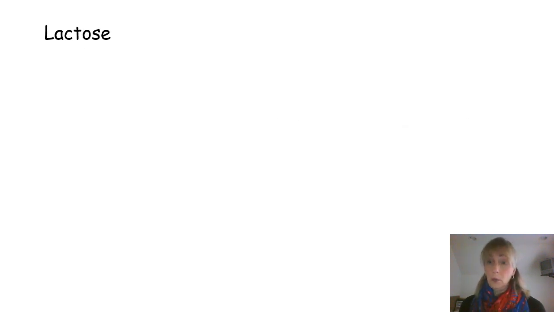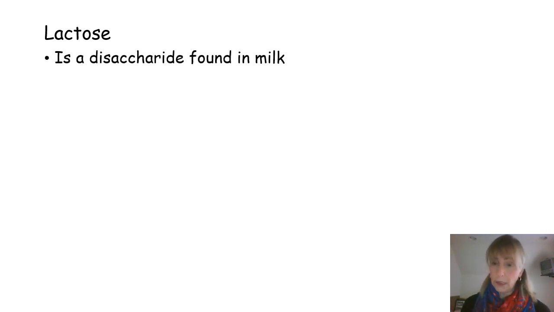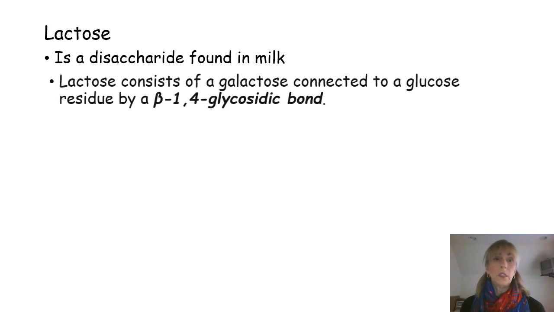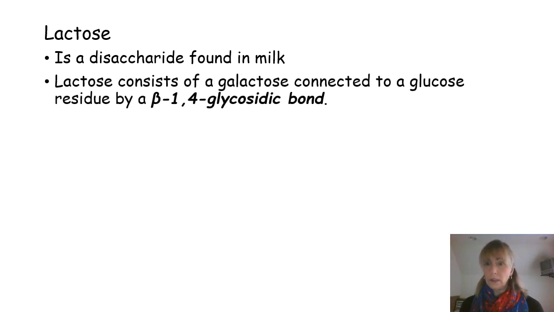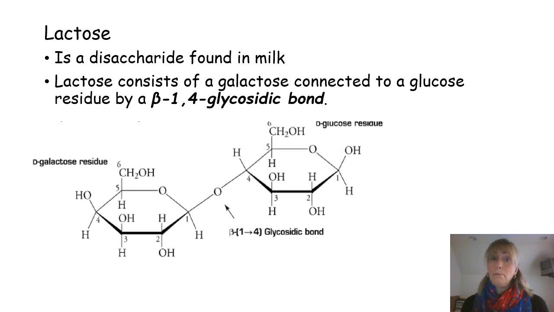We move on to lactose. Lactose is a disaccharide that we find in milk. It consists of, as we said, galactose and glucose. They're linked together by a glycosidic bond, and it is a beta 1,4 glycosidic bond.